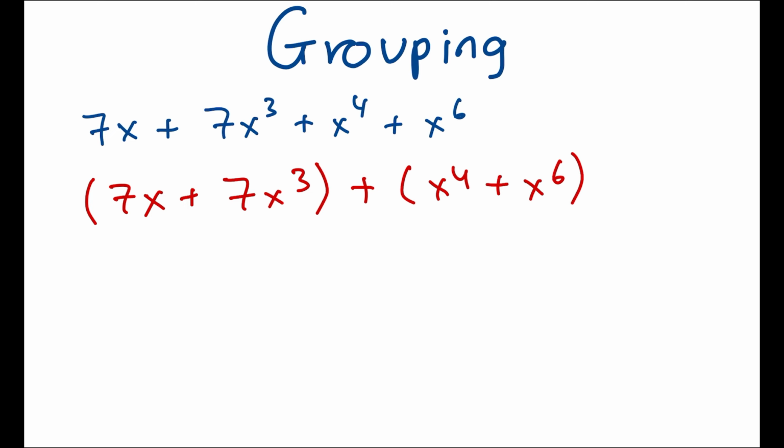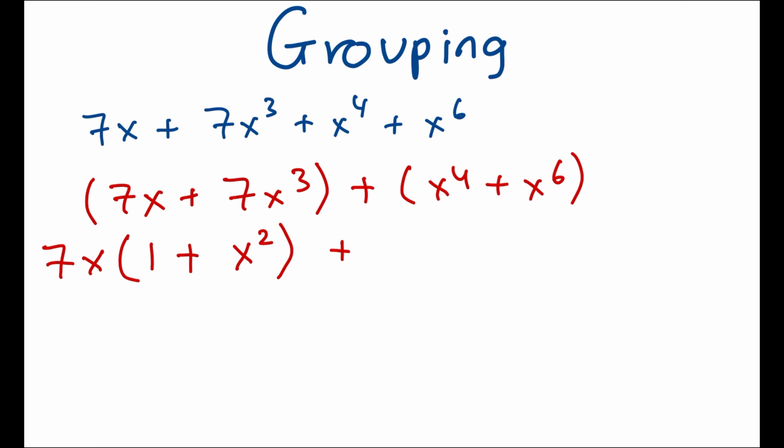As you see right here, 7x and 7x cubed, they have a common 7x, because x is smaller than x cubed. So you factor out 7x, and since you already factored out 7x, you got 1 plus x squared, because 3 minus 1 is 2.